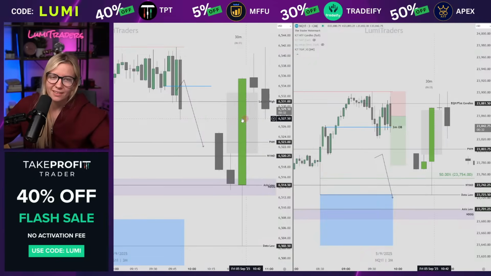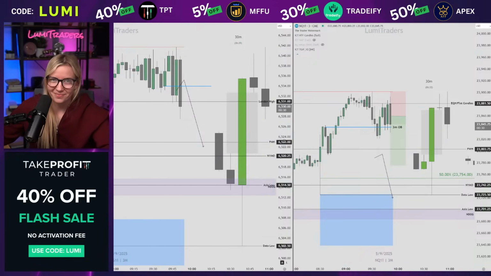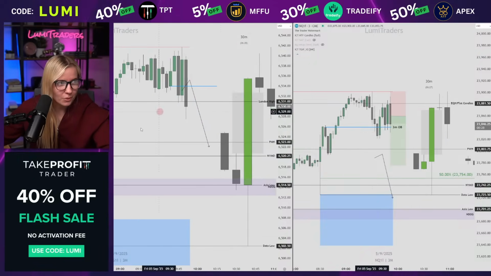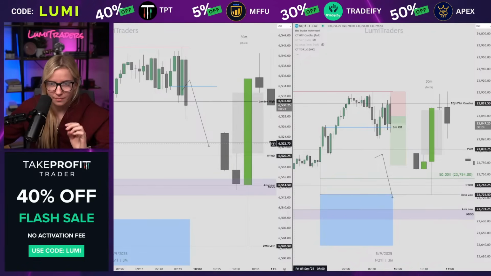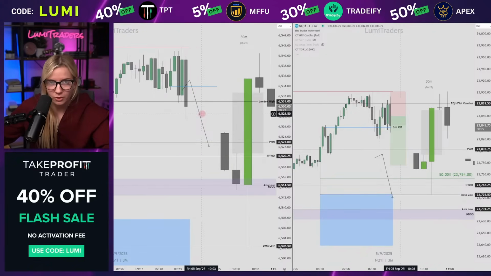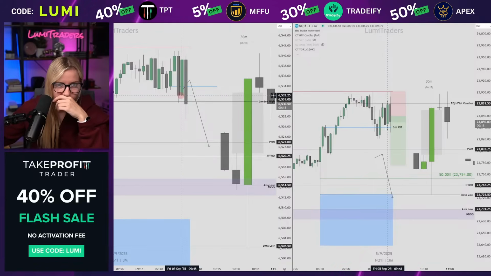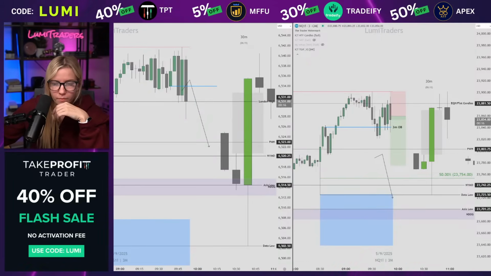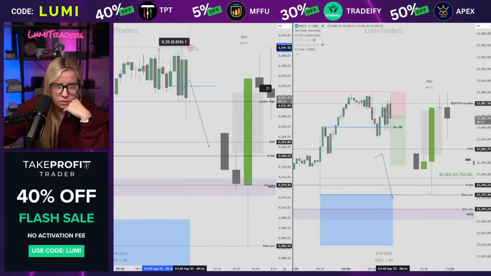What? What a scam. Well, it's okay. Literally was about to enter the short here. Like here. Let's see real quick the difference.